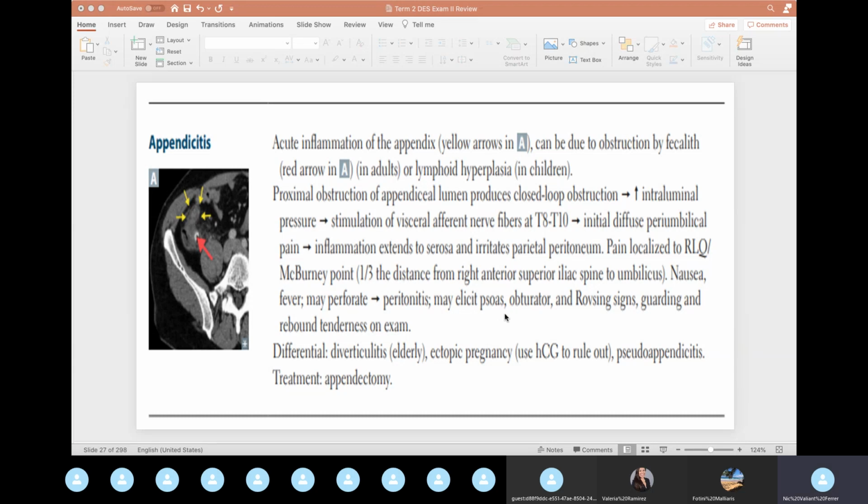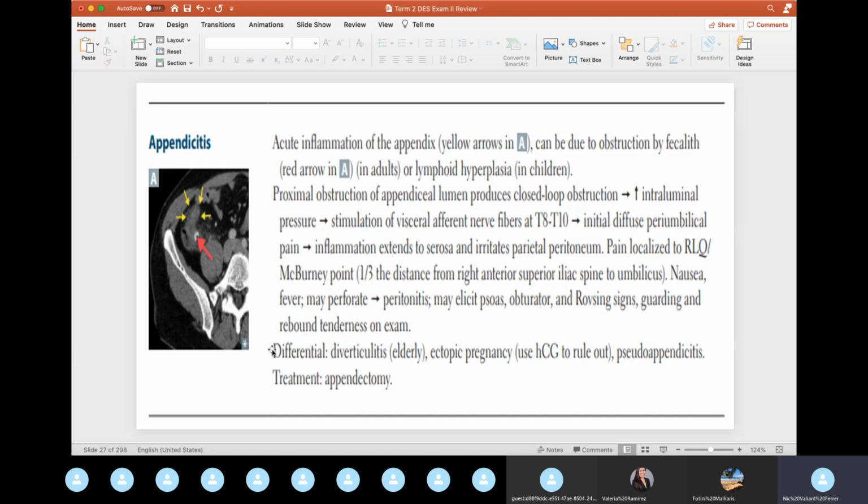The obturator sign, or psoas, when the leg is straight and you raise it up, it elicits pain. Rovsing's, if you put pressure on the left lower quadrant, it elicits pain on the right lower quadrant. This is your Rovsing's sign, but more of these when you're in terms 4 and 5.